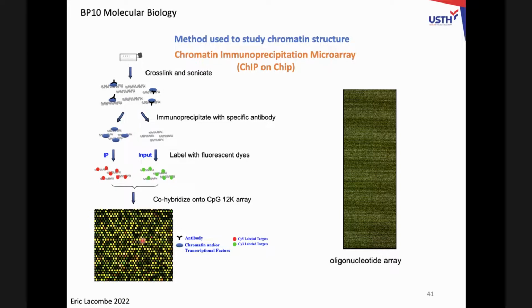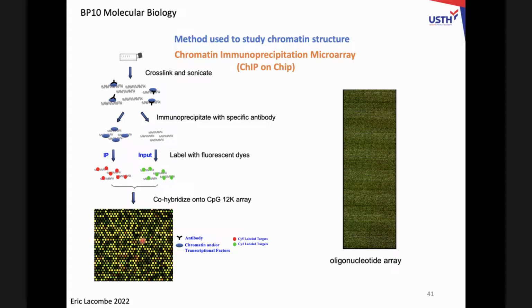It's very powerful because it's like taking a picture of the state of the chromatin at the whole genome level. And obviously, you can use different antibodies. For example, you can use an antibody directed against acetylated H3K9, but you can also have an antibody against methylated H3K9, and so on.